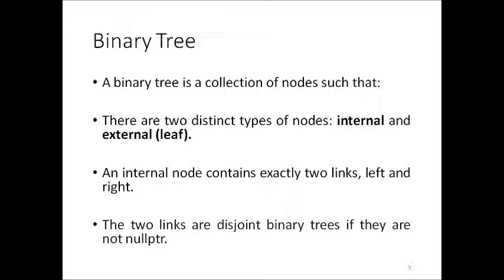The two links are themselves disjoint binary trees if they are not null pointers. If both links are null pointers, then the node is actually an external node or a leaf node.